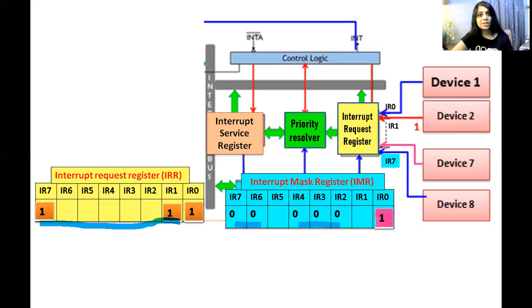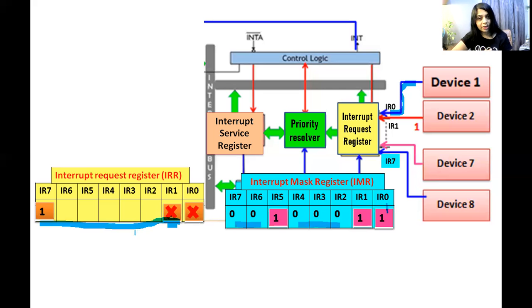It is 1 means the interrupt received on this pin should be blocked and it should be masked, and hence priority resolver will not forward this interrupt on IR0. Now IR1 is also 1, so it will not transfer this interrupt to the processor.